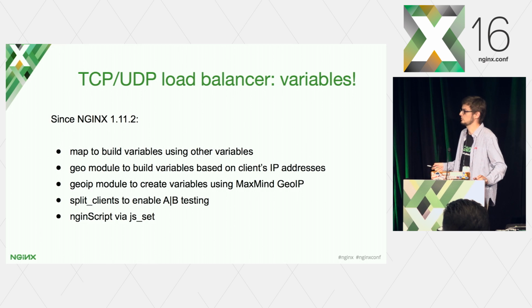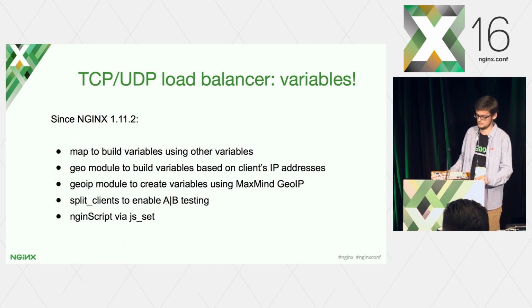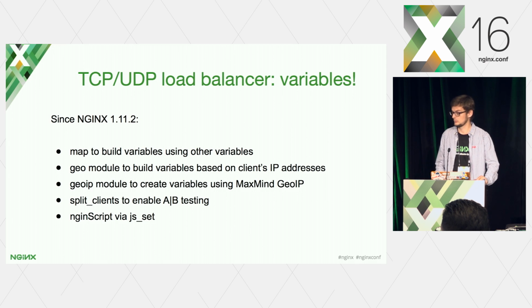You can use a geo module to build variables based on the client's IP address or networks. You can populate variables with GeoIP geographic data by MaxMind. Split clients enables A/B testing, so you can define different backends your request will go to. And of course, you can set variables and use them later via nginScript and the JS set directive. I'm going to show it a bit later.